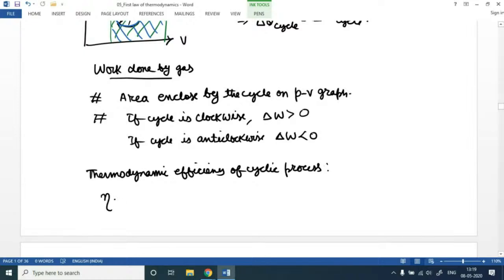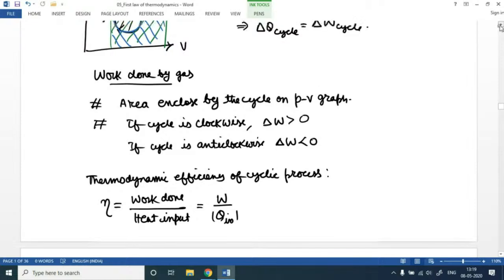So efficiency is defined as the work done by the gas upon the heat input. Whatever heat we are adding into the system, obviously some heat would be rejected. Our cost is only the heat input, and our benefit is the work done. So that is W upon Q in.